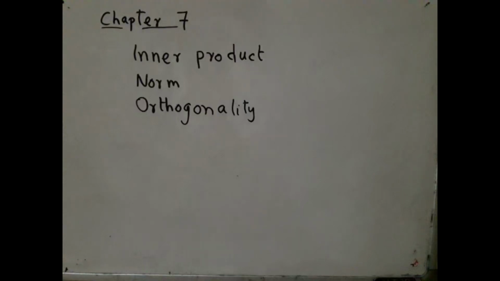From this video onwards, we start discussion of chapter 7, which discusses three very important concepts: inner product, norm, and orthogonality. Now, as is usual with Rao Bhim Chap7, the topic is presented in a garbled way, with lots of unnecessary things coming before the important things.